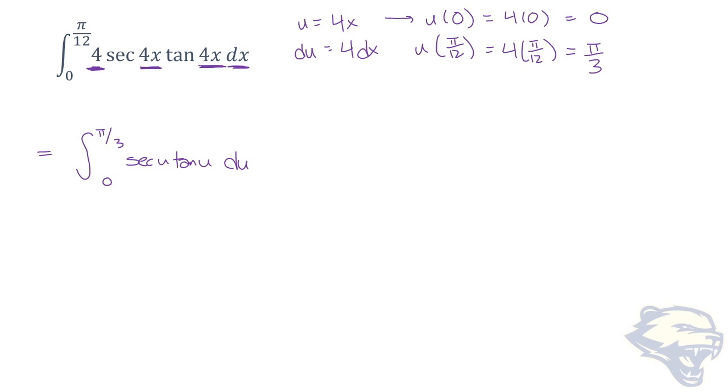All right, well, secant tangent together is the derivative of secant. So my antiderivative is just secant u, because the derivative of secant is secant tangent. Okay, so this means we're evaluating secant of u from 0 to pi over 3. So we're going to do secant pi over 3 minus secant of 0.